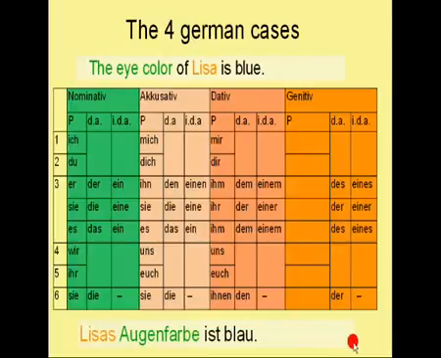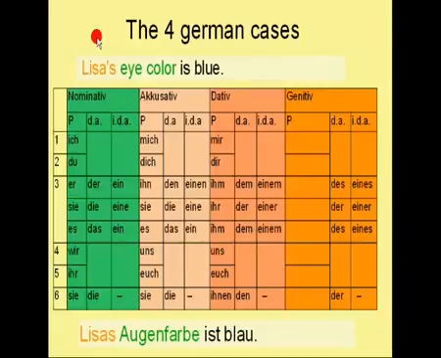We could also change the word order in German, which is more usual for proper names in German, as I told you before, and then we would put the sentence like this: Lisas Augenfarbe ist blau. And as you can see, the name Lisa still has the additional S, because Lisa still stands in the genitive case. This sentence would be the equivalent to the English sentence: Lisa's eye color is blue.